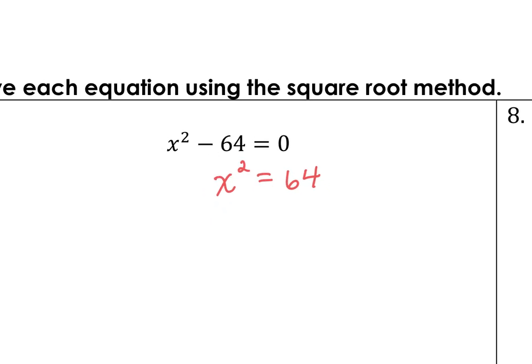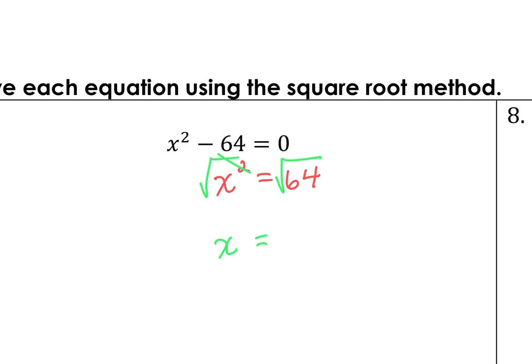And now that we have the x squared all by itself, because the inverse operation of squaring something is to take the square root, we're essentially just using inverse operations here. So we square root both sides, because again, the square root is going to cancel out the square, so that I'm just left with x.